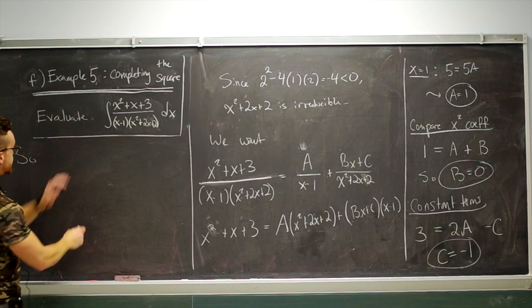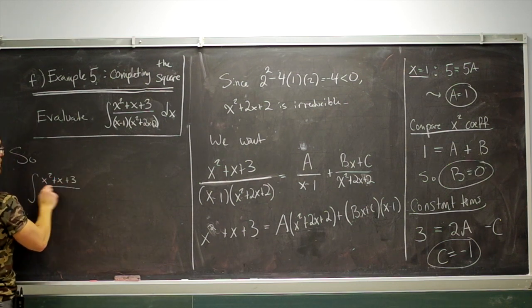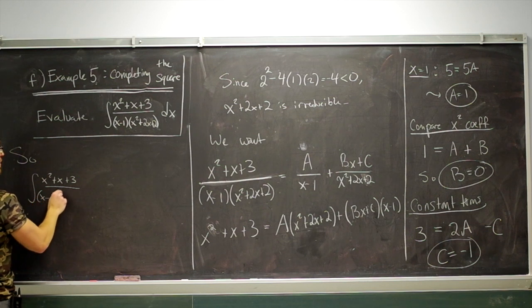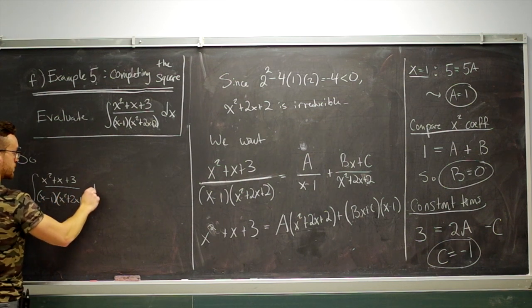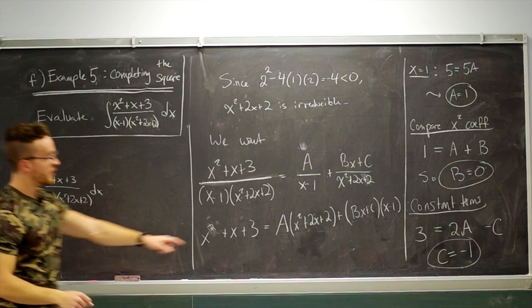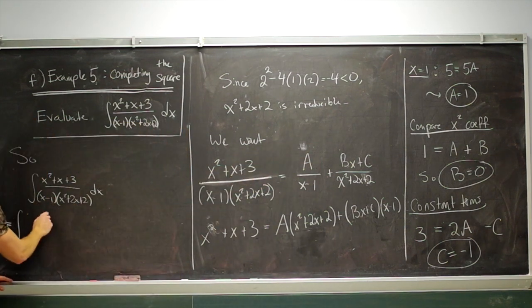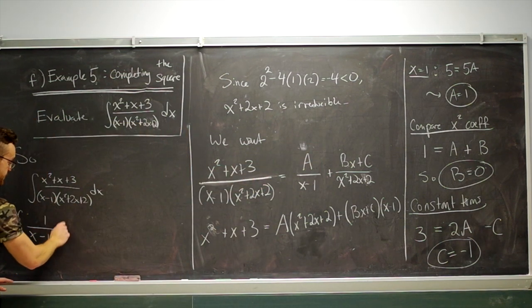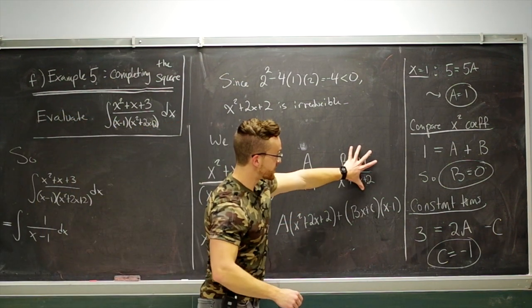So we could say this integral that we care about is the integral of a over x minus 1. A was 1. That part's easy. And then plus this.